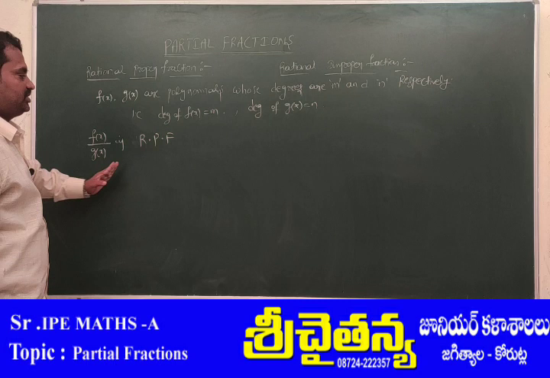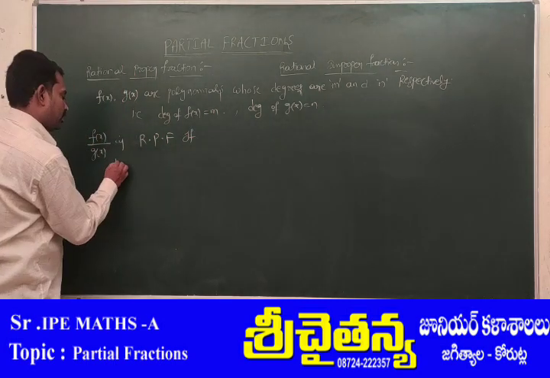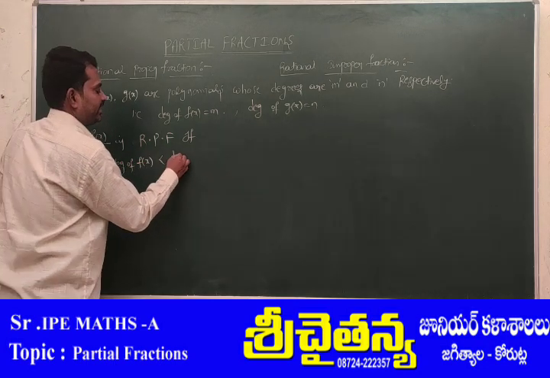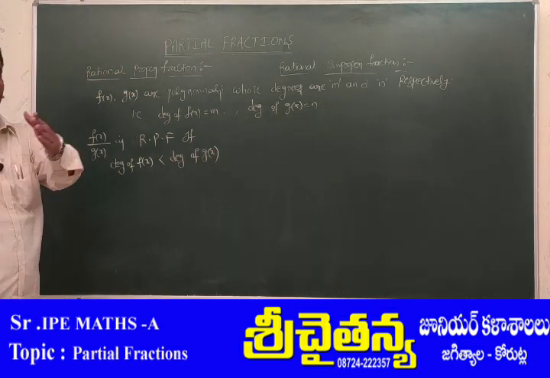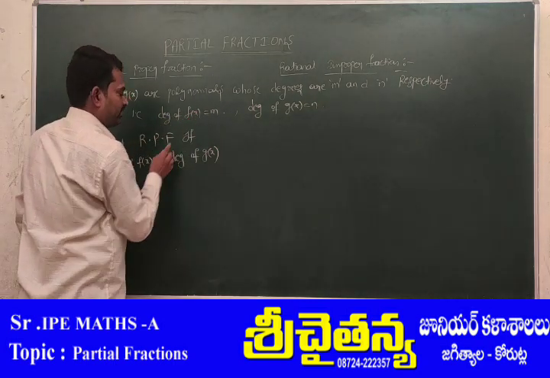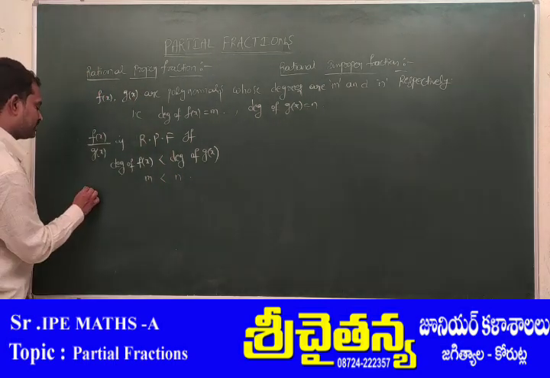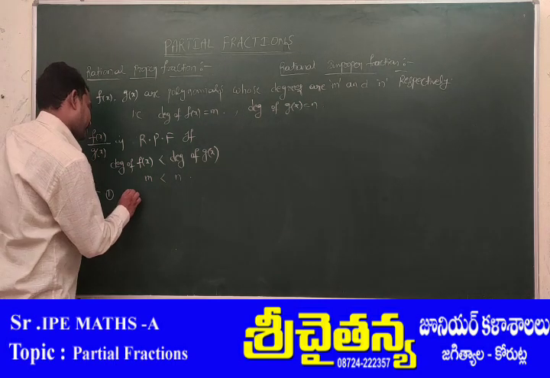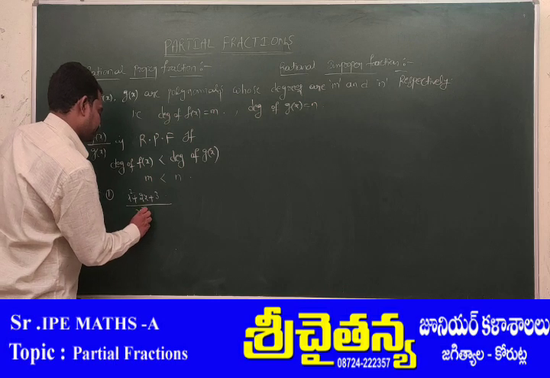f of x by g of x is a rational proper fraction if the degree of f of x is less than the degree of g of x. So that means the degree of f of x, which we take as m, is less than n. Let us take two examples. The first example is x square plus 2x plus 3 by x cube plus 1.